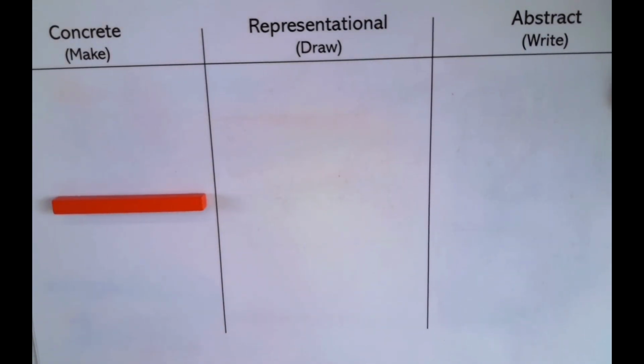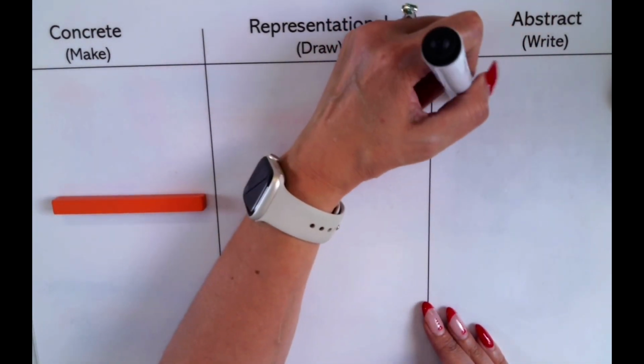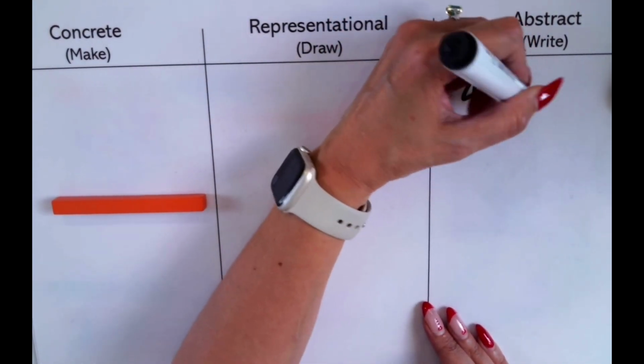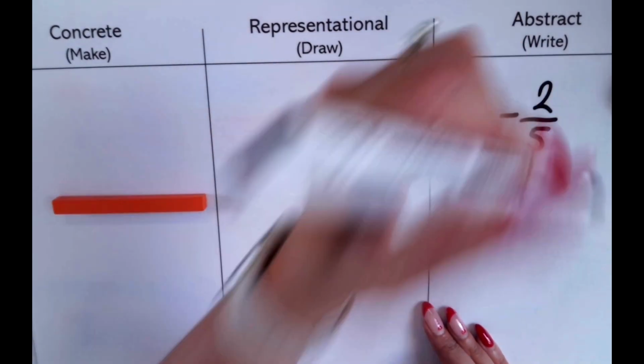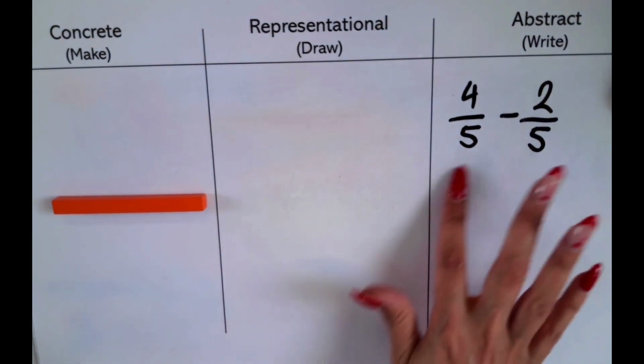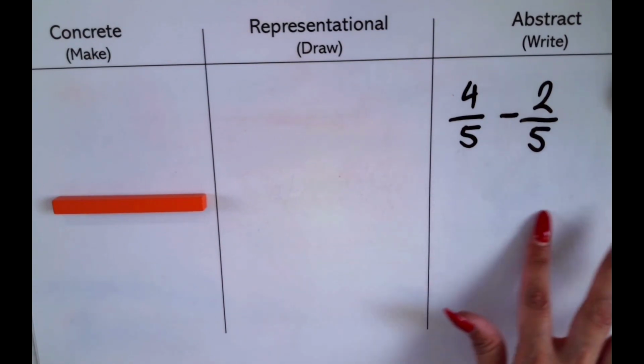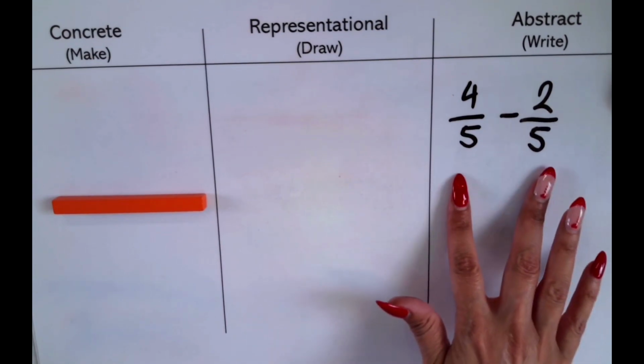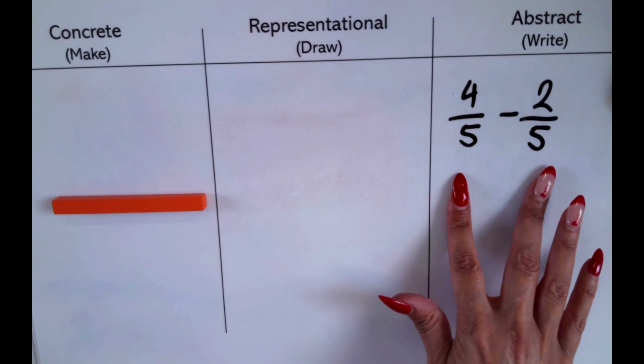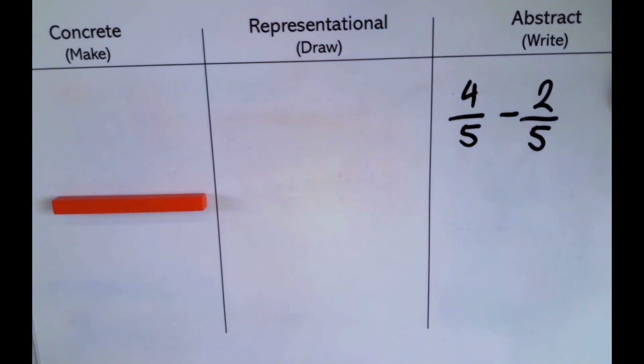Now I'm going to ask the students to solve this fraction: 4/5 minus 2/5. This is probably around the year 5, year 6 level where students will start to work with fractions that have common denominators, but often because they're transitioning from whole number operations of addition and subtraction, there can be some very common misconceptions.